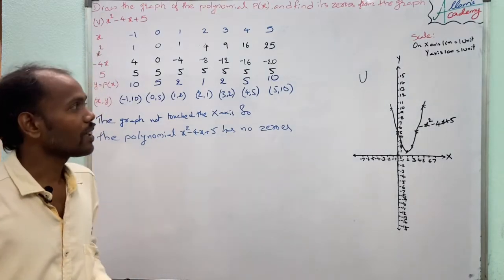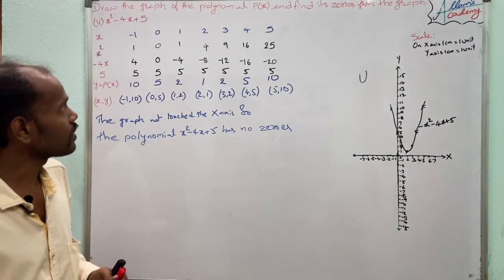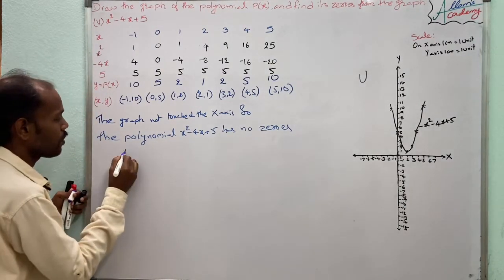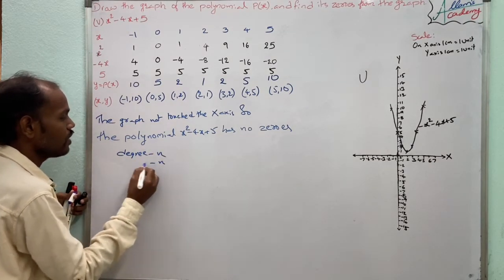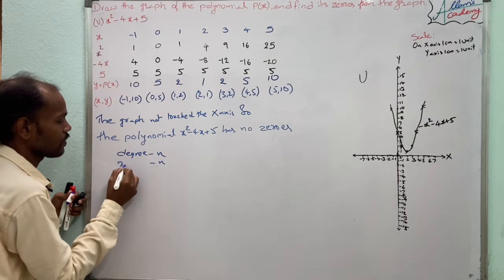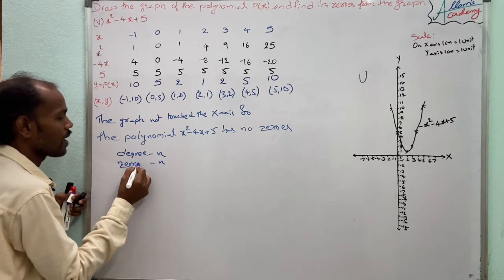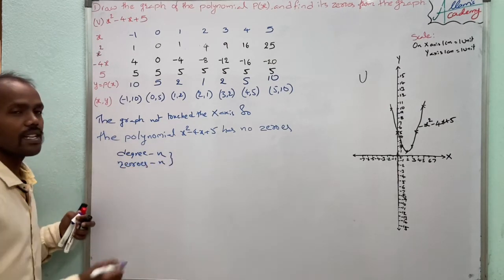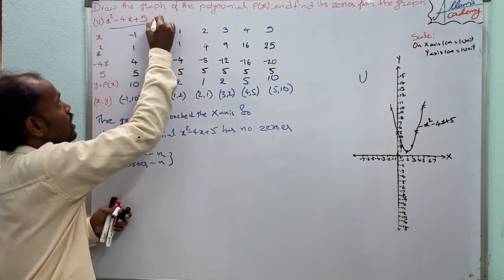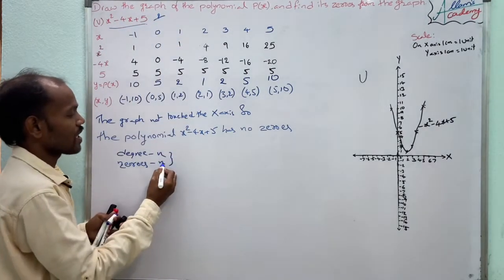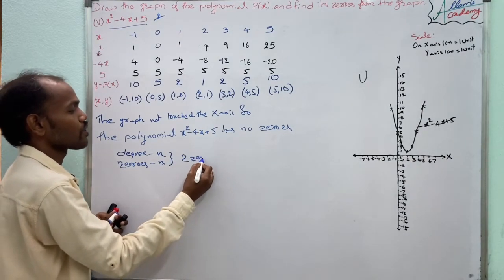Okay, and here we know that for a polynomial, the degree of the polynomial is how many zeros there are, that we already studied. But here the degree of the polynomial is 2, but we did not get 2 zeros.